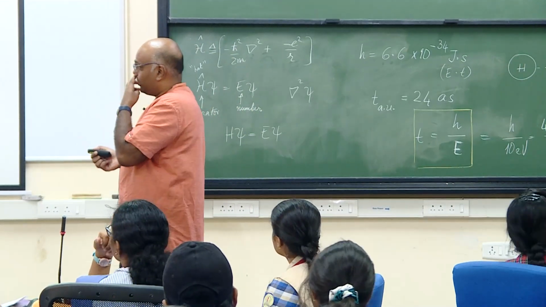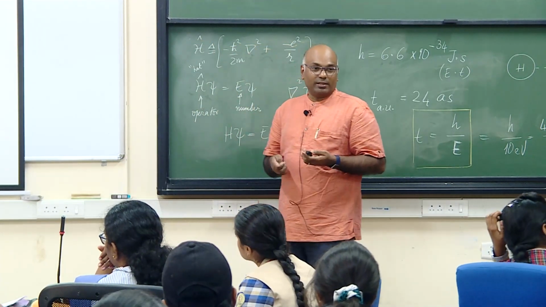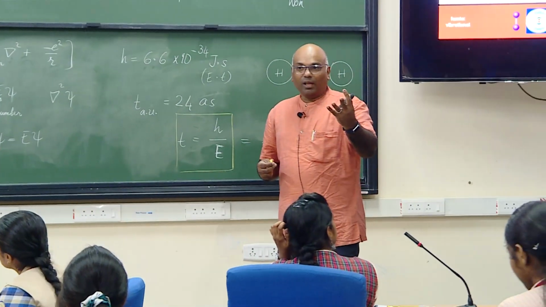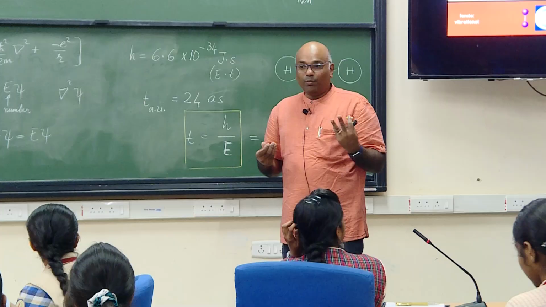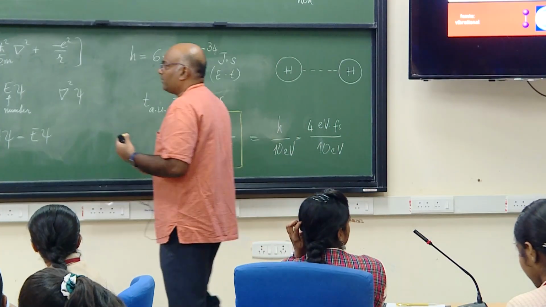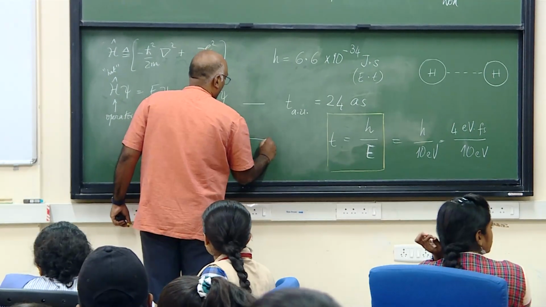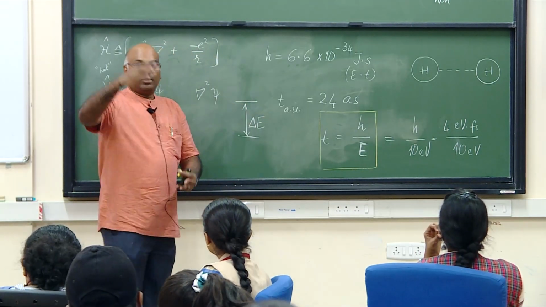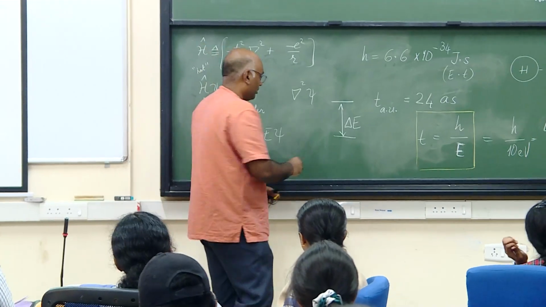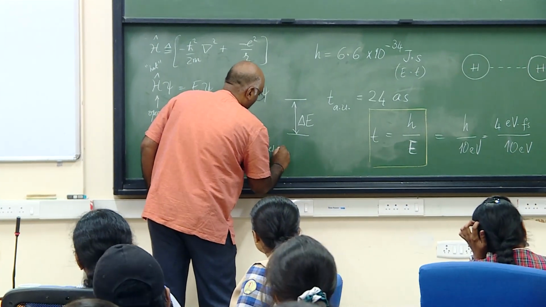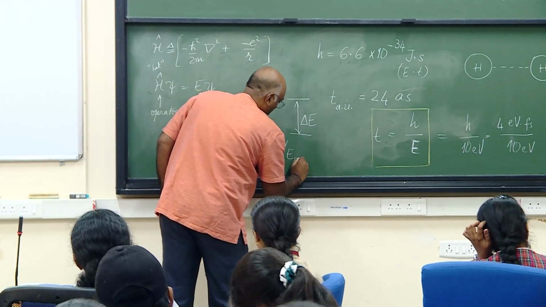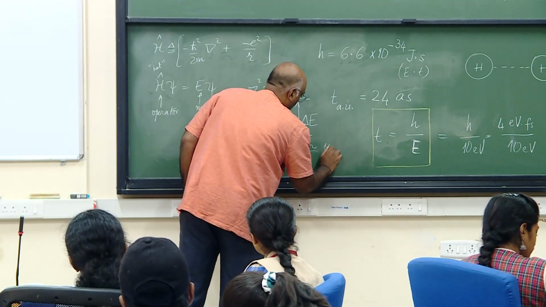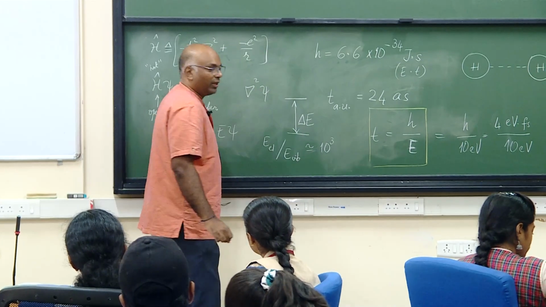So vibrational dynamics happens on femtosecond time scales. You don't have to take my word for it. If you open a chemistry textbook, you would be told that the difference in energy between electronic transitions, E electronic to E vibrational, the ratio is of the order of 10 to the 3.